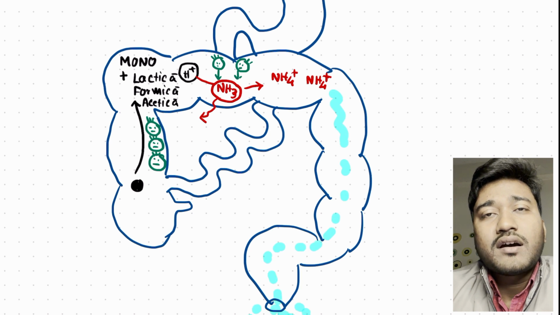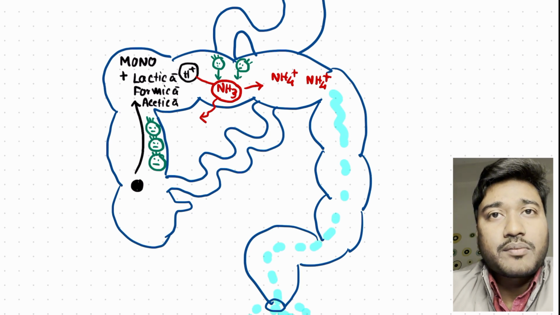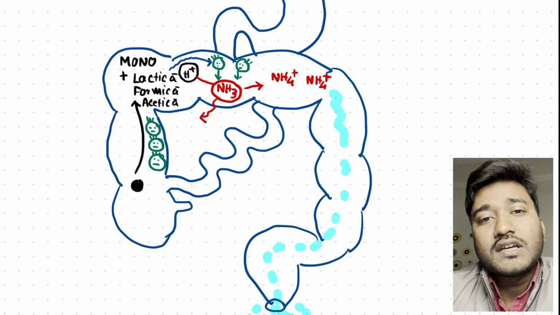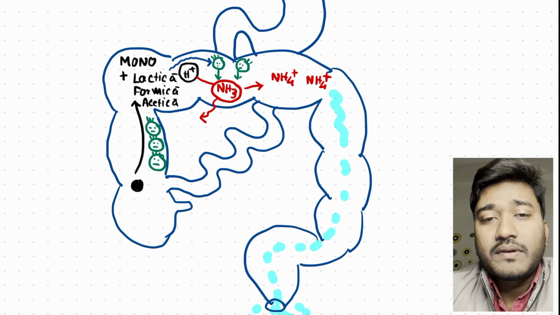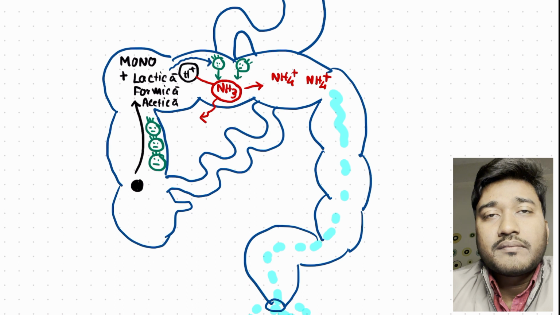As the ammonium ions are charged molecules, positively charged, they cannot be absorbed, they cannot cross the biological membrane, and they are eventually flushed out with the stool. As well as this, the acidic environment inhibits those bacteria which produce NH3.